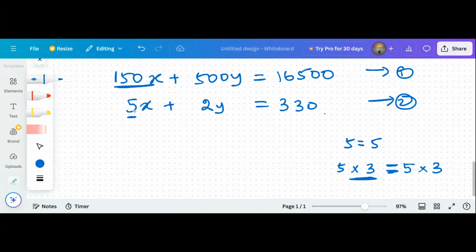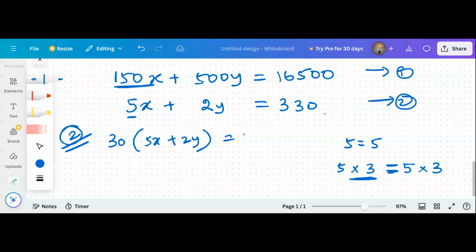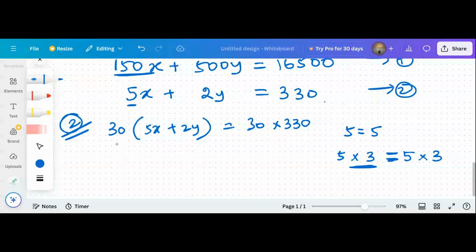So let's take equation number 2 and multiply both sides: 30 into 5x plus 2y, and 30 into 330. If you multiply on the left hand side, you have to do it on the right hand side also. Then only it will be equal.